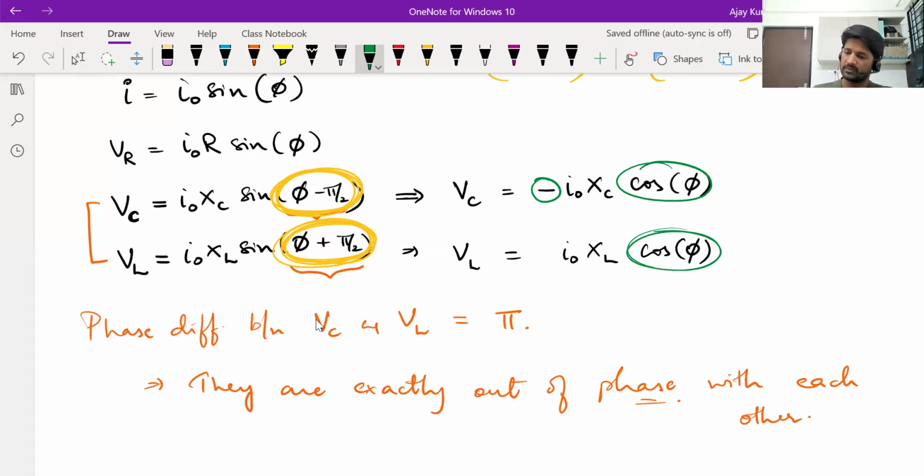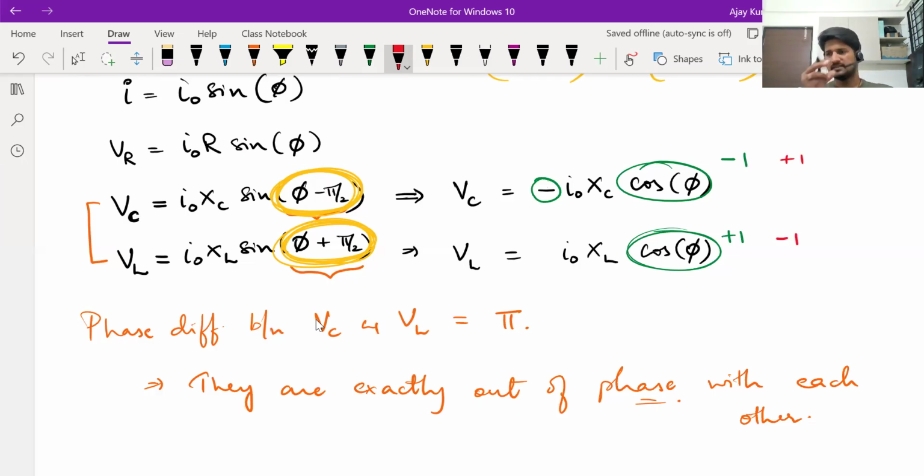When this becomes plus 1, because of the minus sign, this voltage becomes minus 1. Or when the voltage across the inductor reaches its positive extreme, the voltage across the capacitor will reach its negative extreme. On the other hand, when this becomes minus 1, the voltage across the capacitor will be at its positive extreme. So the voltage across the capacitor and inductor will be doing exact opposite things. If the inductor has positive voltage across it, the capacitor will have negative voltage. If the inductor voltage is increasing, the capacitor voltage will be decreasing.